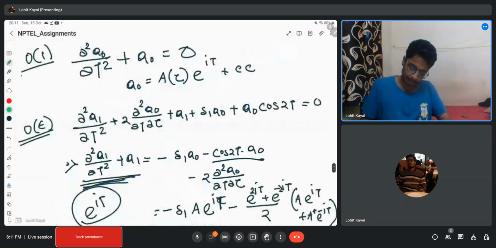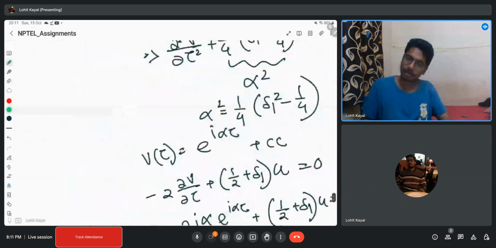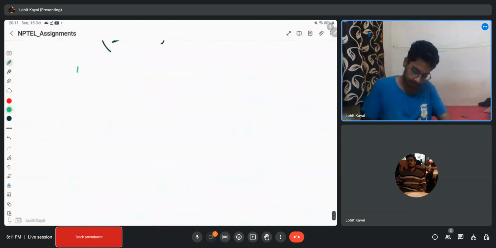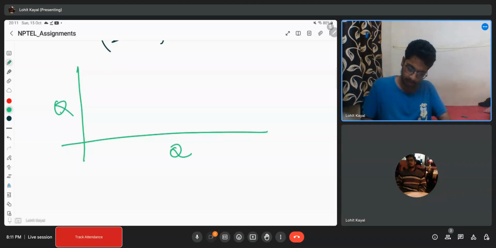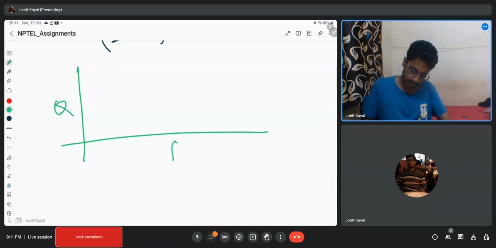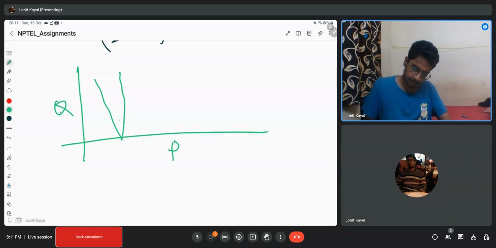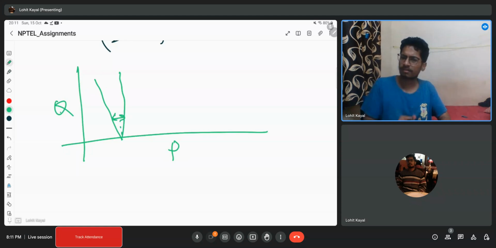As a result, you will get a stability chart of your P and Q. Sorry, this is Q, this is P. Suppose this is p equal to 1, this is one stability chart. Inside this region, there is a neighborhood. Within that neighborhood, whatever be your forcing, the solution is unstable.